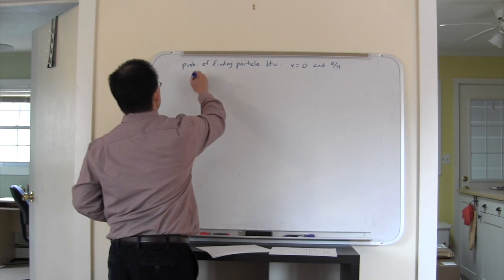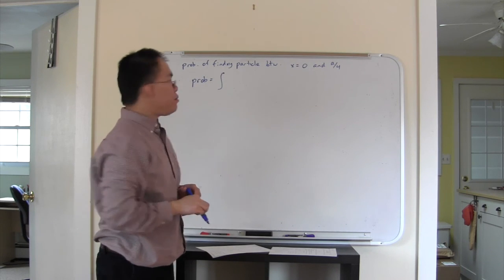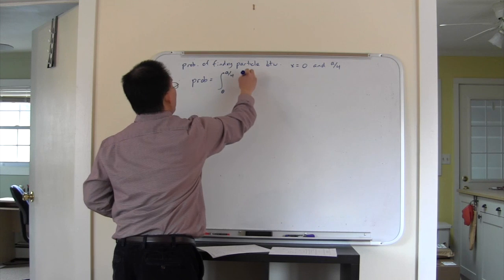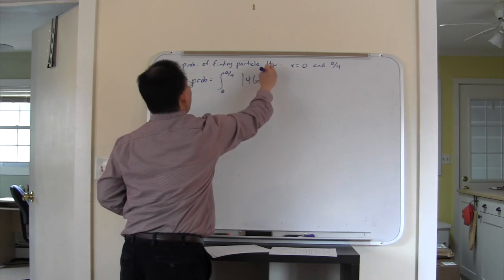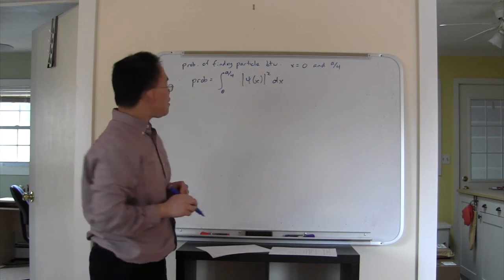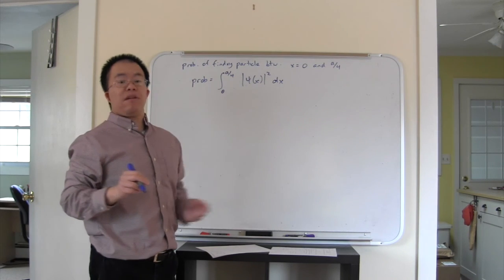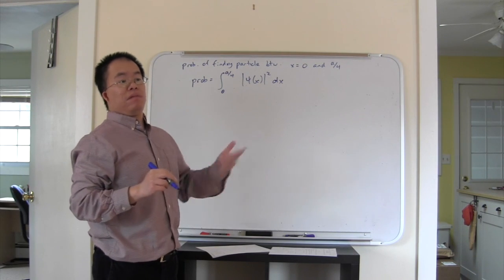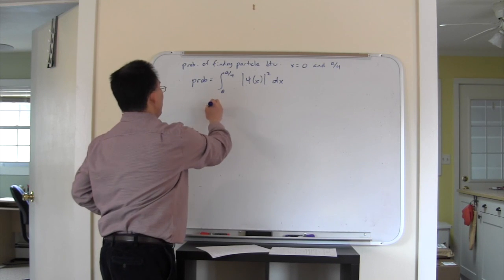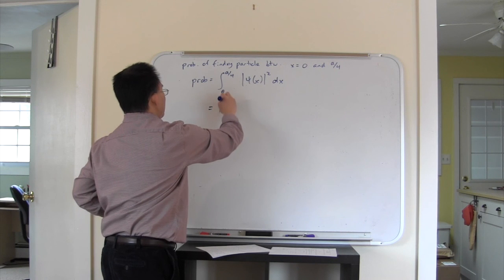So that probability is now going to be equal to the integral from 0 to a over 4 of our probability density with respect to x. Now we already worked out the indefinite integration here from doing the normalization, so we can actually just reuse a bunch of our work. Let me just write out the step here.